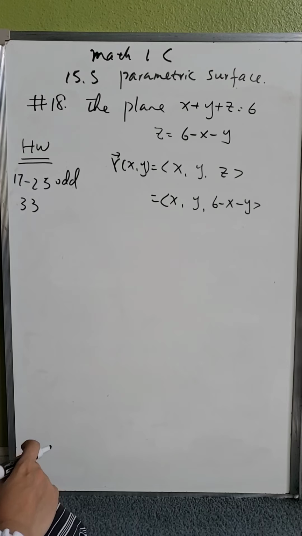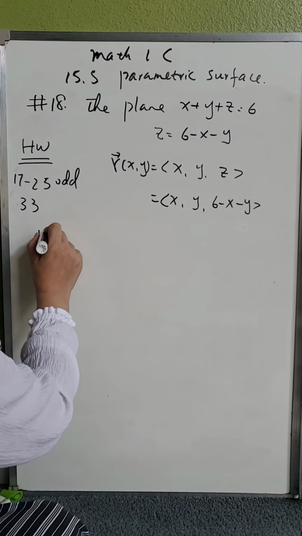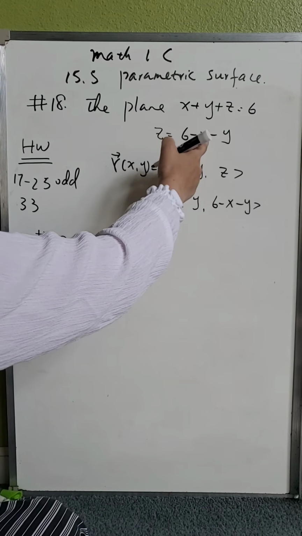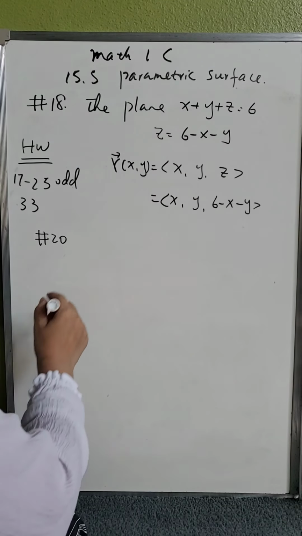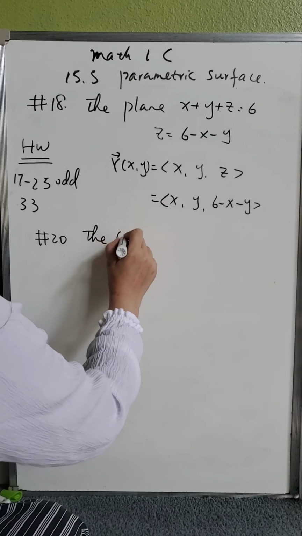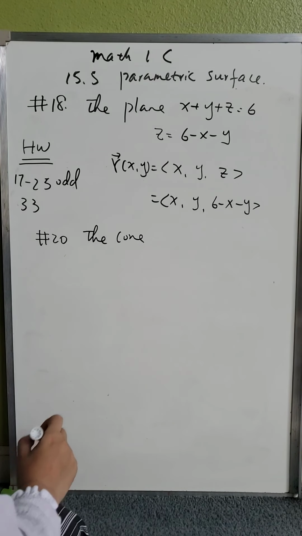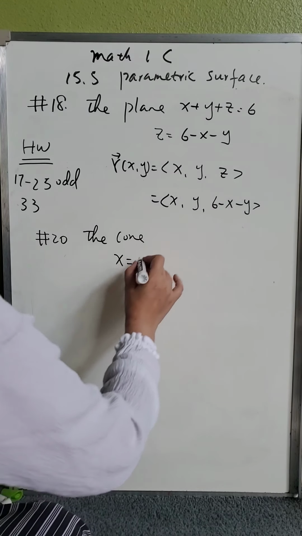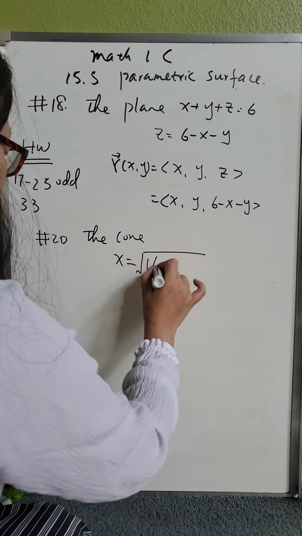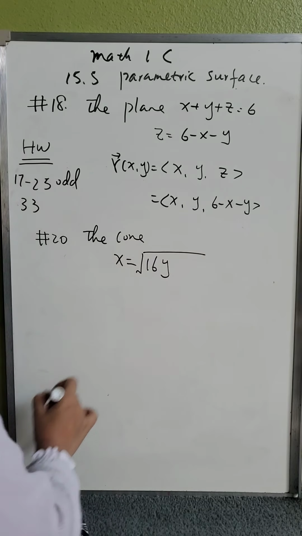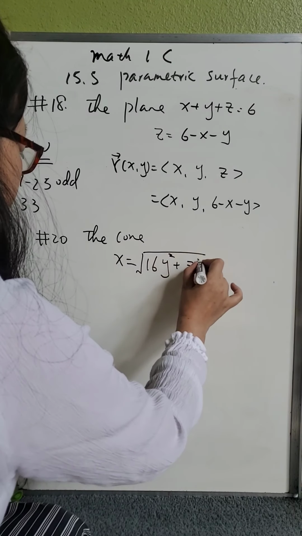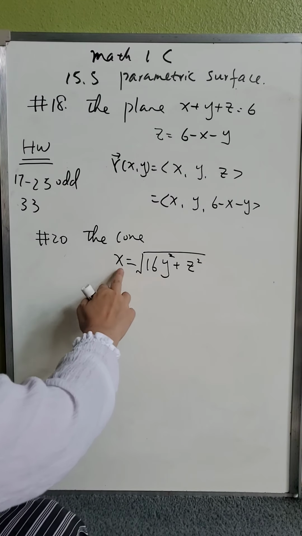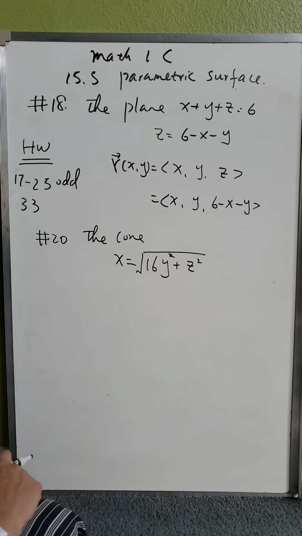So it's pretty straightforward. And then number 20. That's why we want the surface function given. If it's given to you, it's really easy. This one is a cone: x equal to the square root of 16y squared plus z squared. Again, the function is given to you; although it's x in terms of y and z, it is still a function.